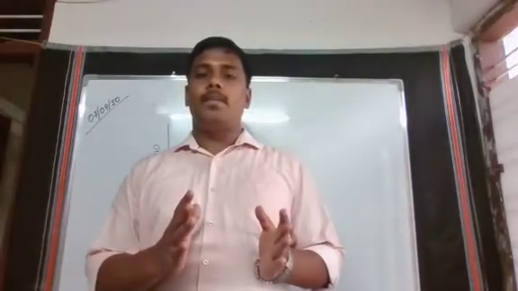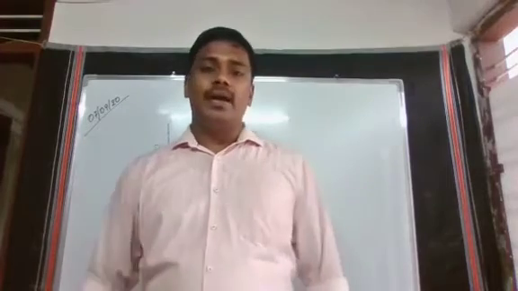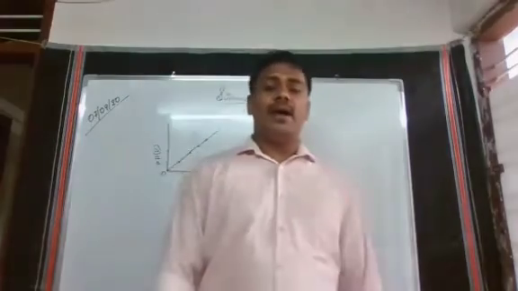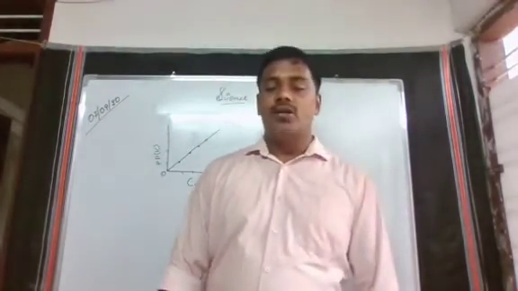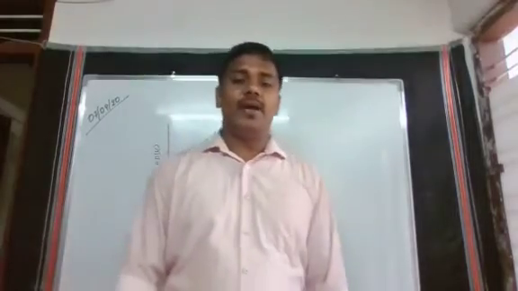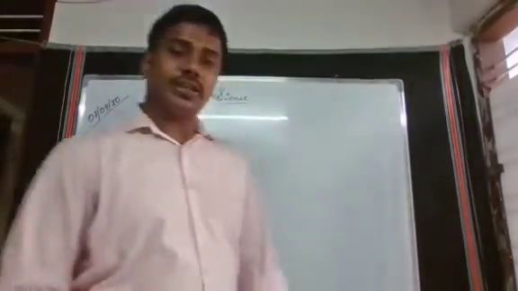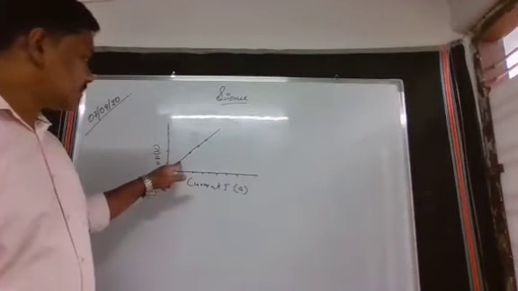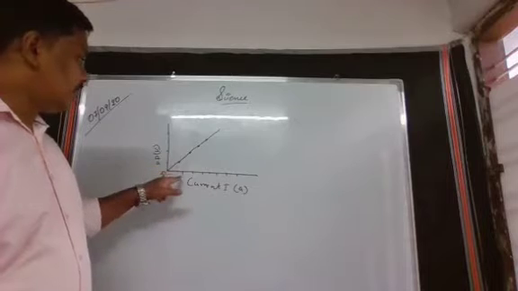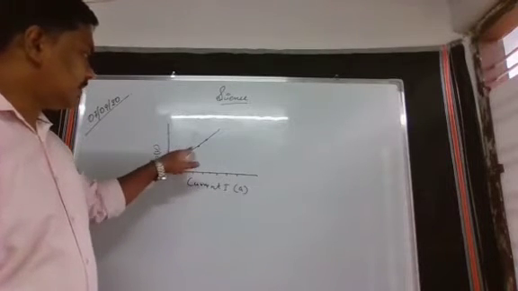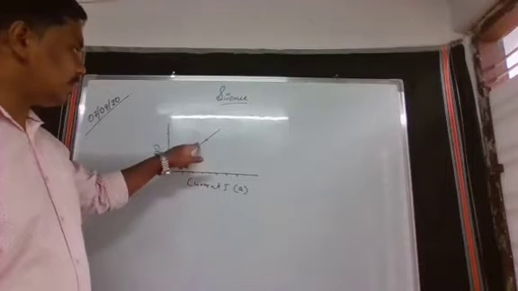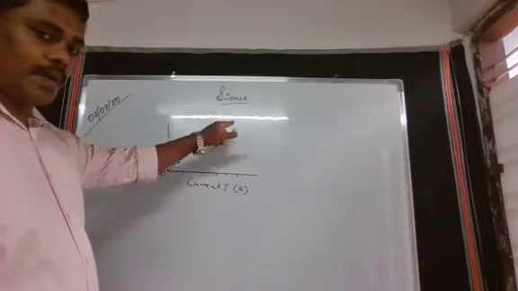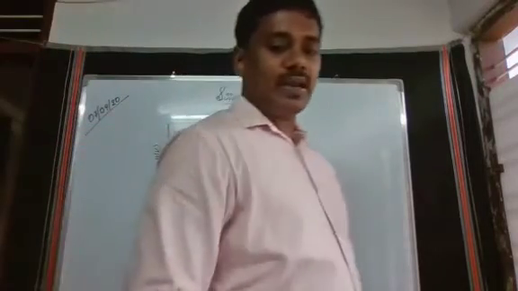So we can say V by I is in constant ratio, because in all the cases V and I meet at a point, and a line from the origin passes through it.